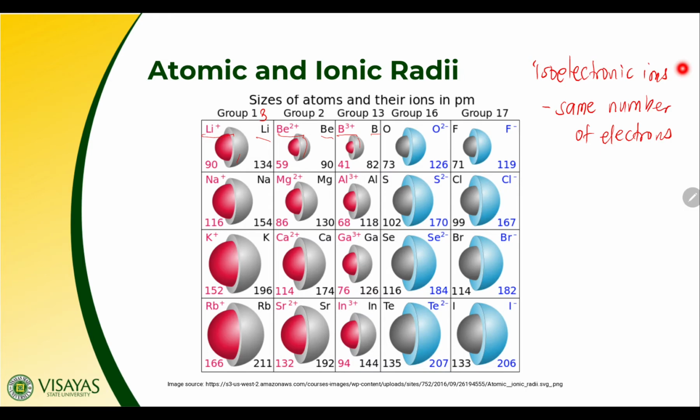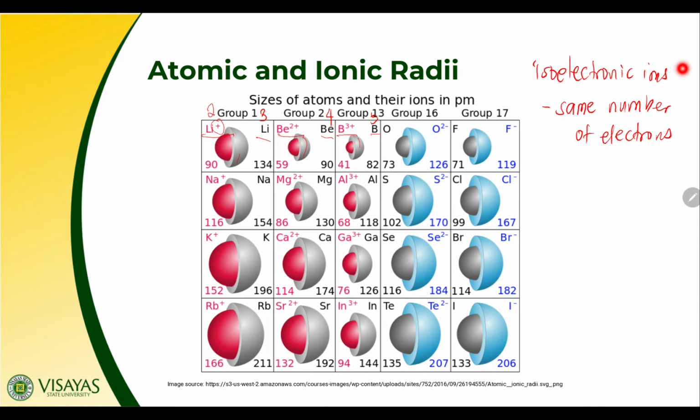For beryllium, its atomic number is 4, while for boron, its atomic number is 5. Now, when the lithium atom loses one electron, it has a positive 1 net charge. So what happens to the number of electrons when the lithium loses 1 electron? It becomes 2, of course.